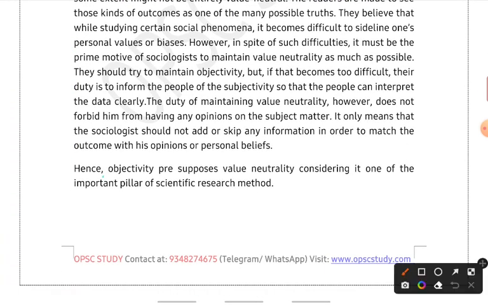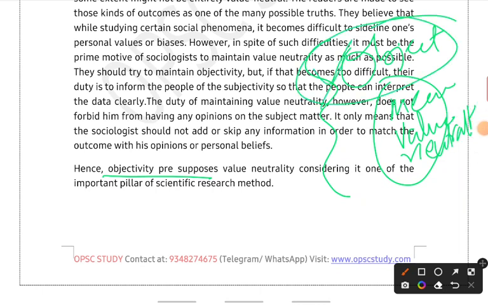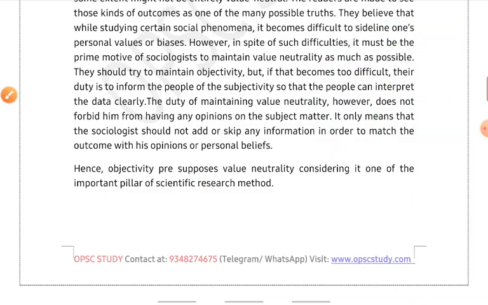In order to reach objectivity, the means to it is value neutrality. You need to be value neutral in order to reach the objectivity of a particular research.